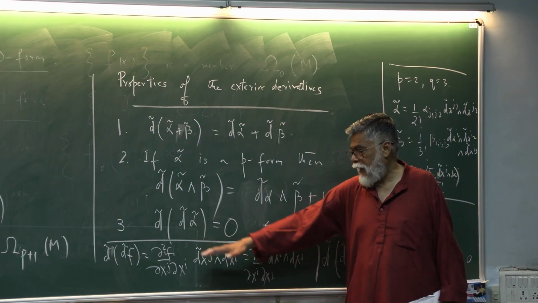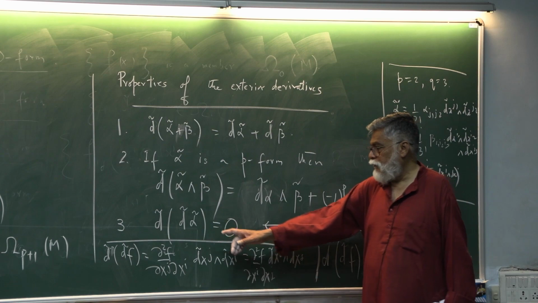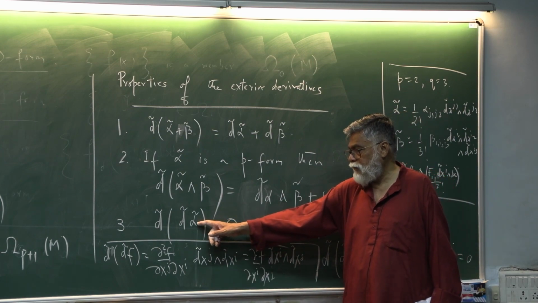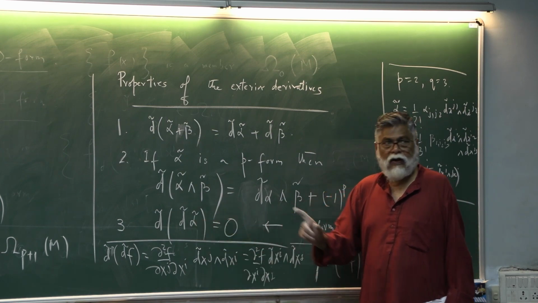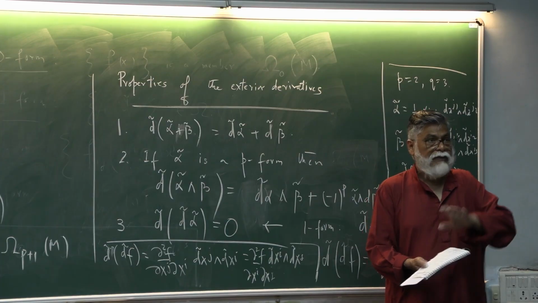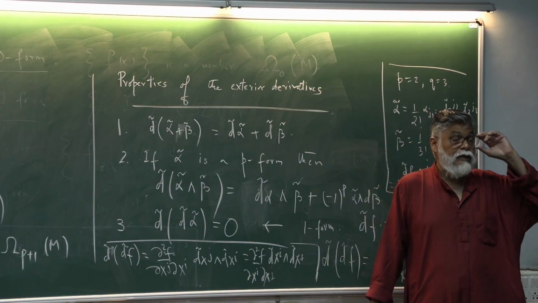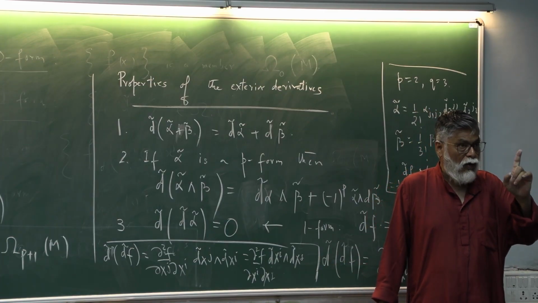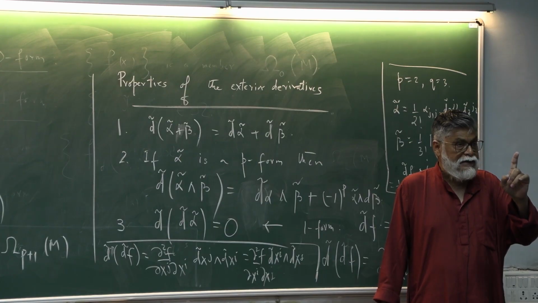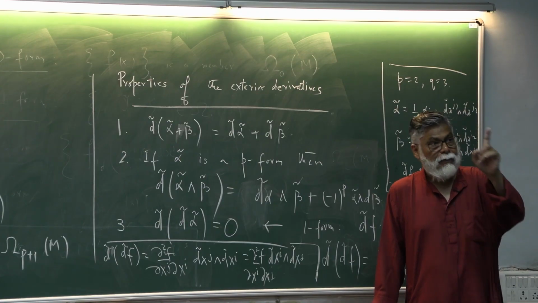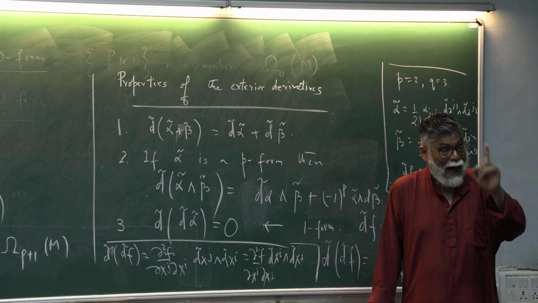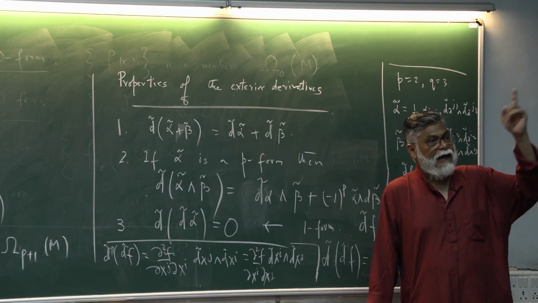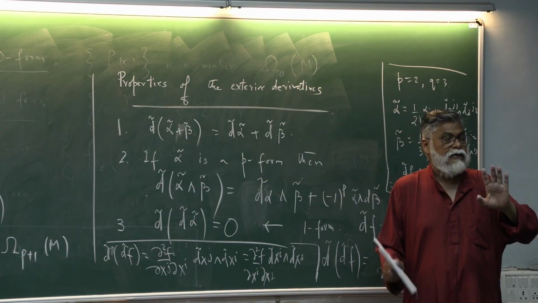It can be proved. I have given the example by taking alpha to be a 0 form, so that d of f is a 1 form. So what have I explicitly shown? That if I take a 1 form which is d of a 0 form, then if you again take d of that, it is 0.